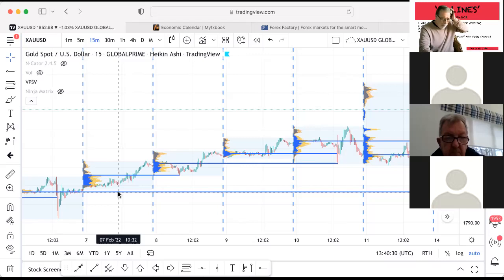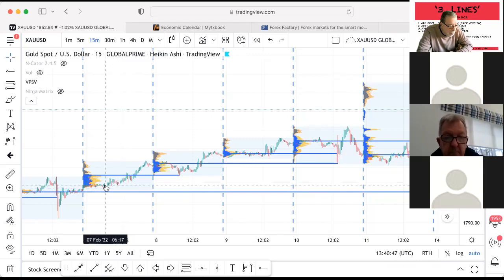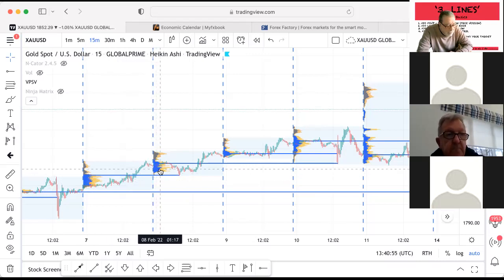And because of that, we have to go to a more advanced version of V70, which is purely just developing as we go along. What you can see is that price started above the point of control and it remained above the point of control for the entire day. And then look at the following day. This was Tuesday. This is the point of control. It started above.